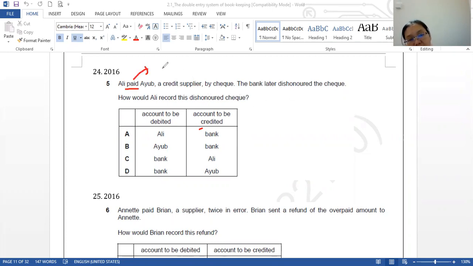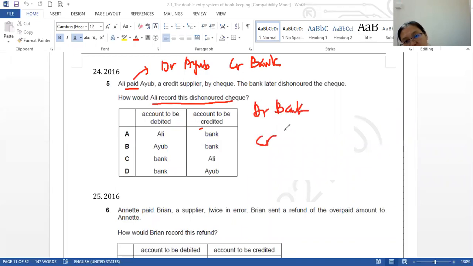When he paid, he will debit Ayu and credit bank. Now Ali had to record this dishonored check. So the other way: debit bank, credit Ayu. So which one? Debit bank, and credit Ayu. So your answer should be D.